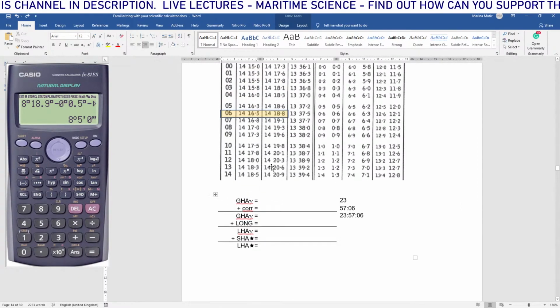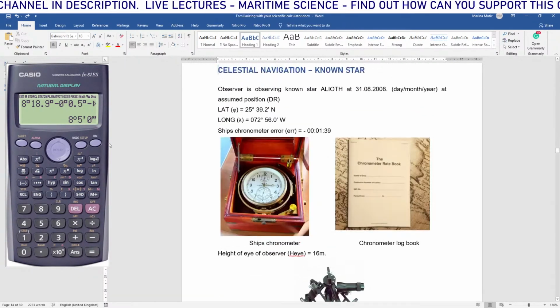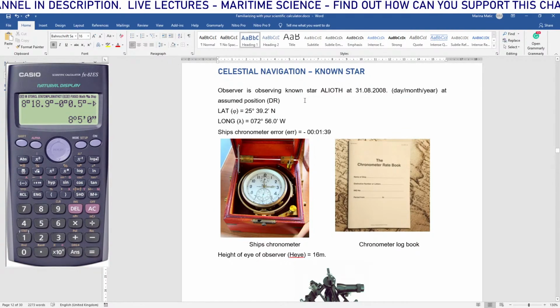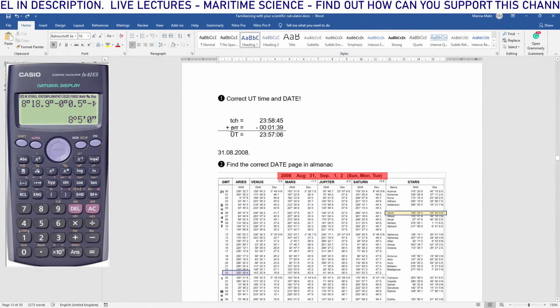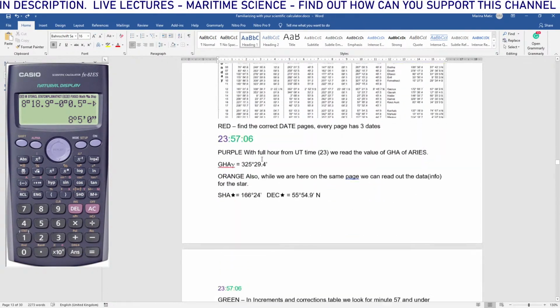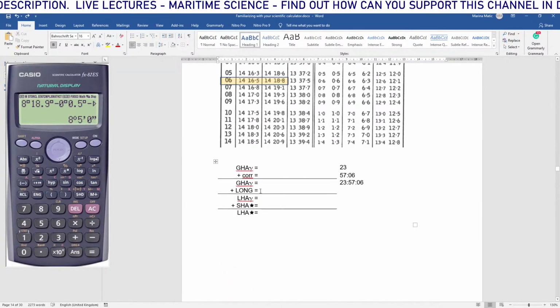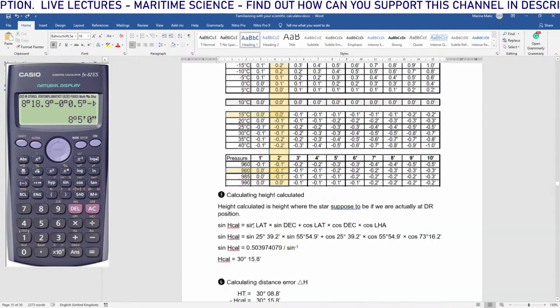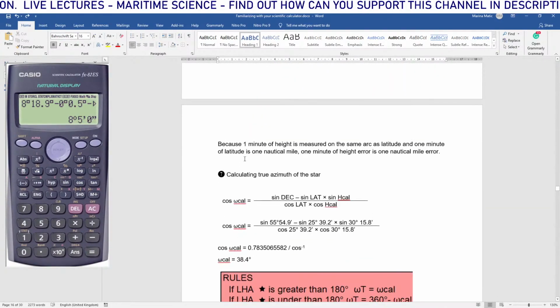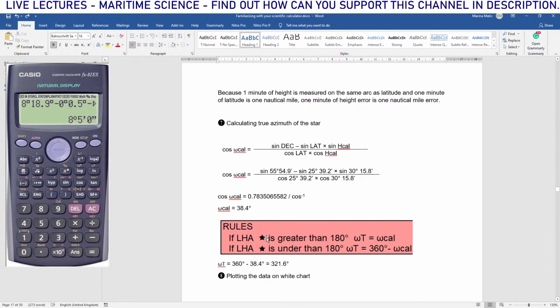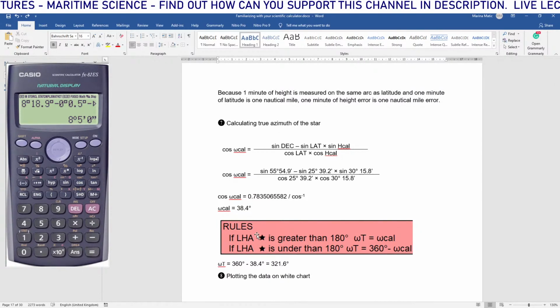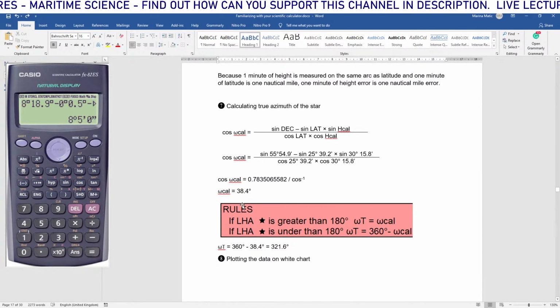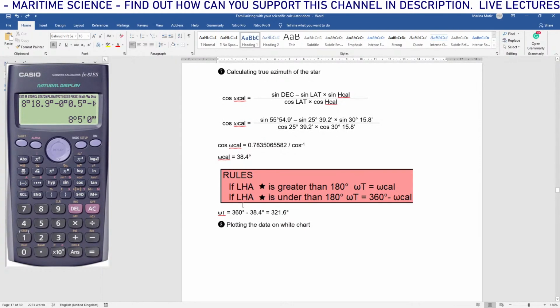So you would have the title, Celestial Navigation Known Star, and then you will have pattern for time, UT, pattern for LHA, and pattern for height, and you will have these two formulas for height calculated and azimuth with the rules on one page ready for you to use on the exam or for practice when you are practicing celestial navigation. So that is something for me in the future that I will do.